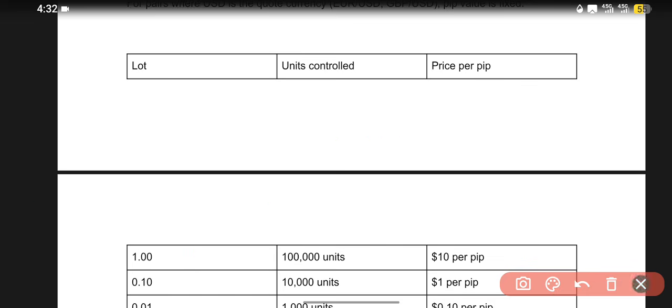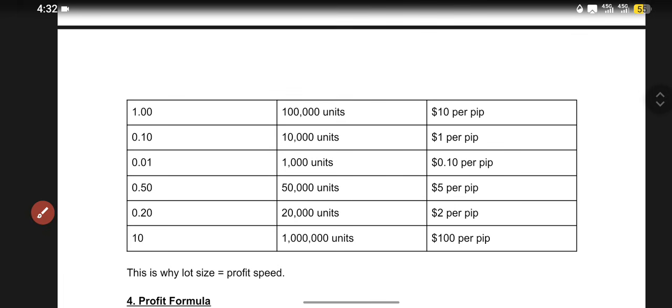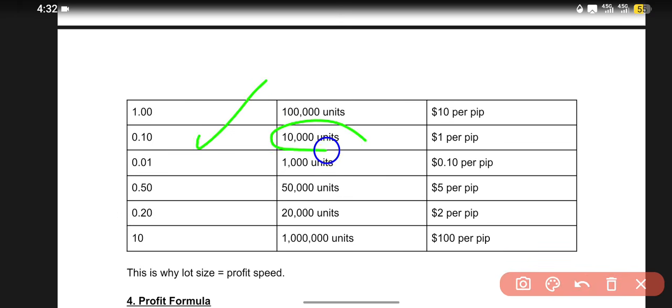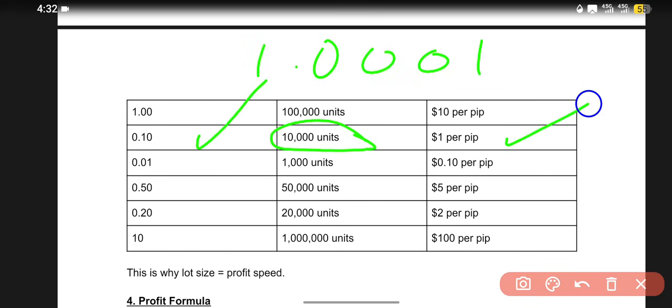Now, for the other lot sizes, like the 0.1 lot size, this is the amount of currency you bought, and for every 0.0001 movement you are making $1.